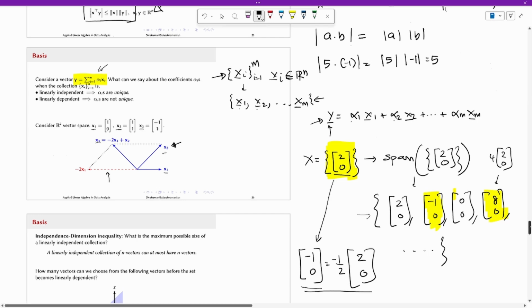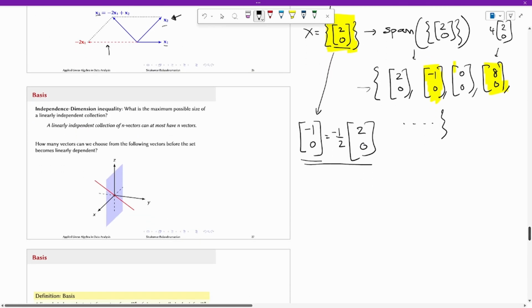Okay. Now, the reason that idea is important is because that brings us to a very important concept in vector spaces, which is the idea of a basis. Whenever somebody says a basis, they're talking about a set of vectors.